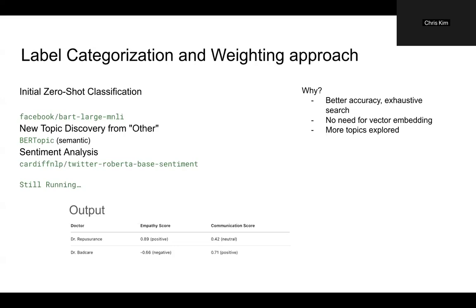Another approach that we're trying to implement is an alternative to the vector space. Rather than representing each review as a vector, we would instead apply an exhaustive search over all reviews to classify them into topics such as communication, helpfulness, empathy, and so forth.